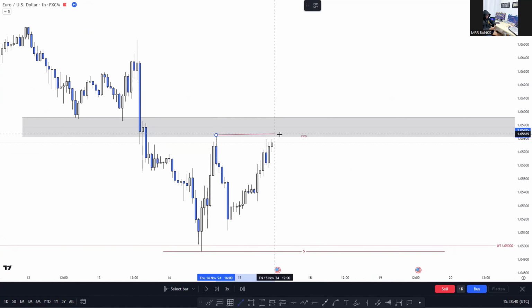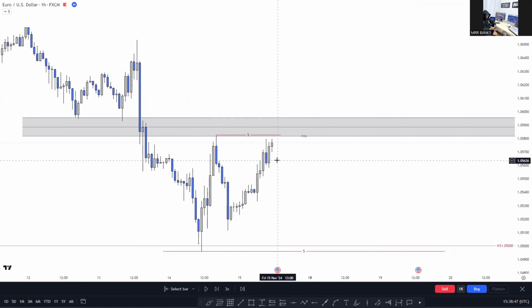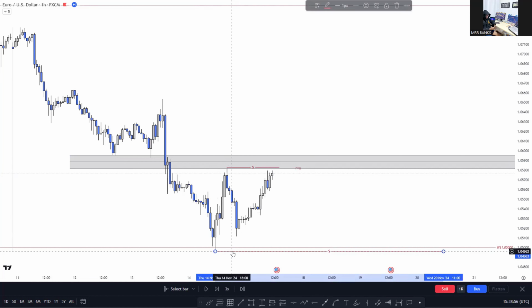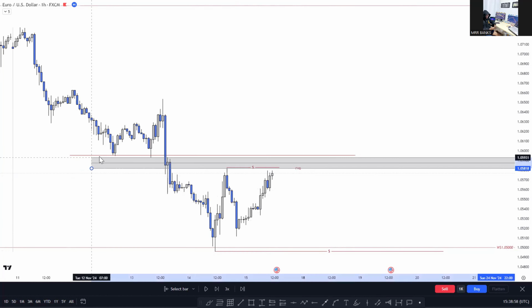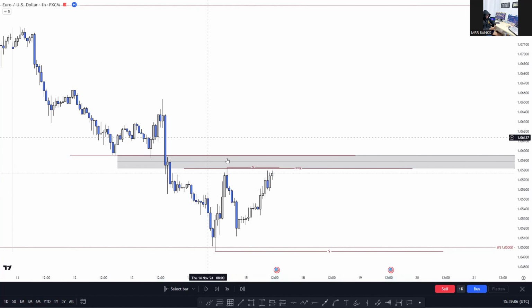Basically looking here, I had this to be my inducement level, which I knew price would come all the way up to grab liquidity above this Thursday high before heading towards the downside. So I had my fair value gap sitting right here, waiting for price to mitigate this FVG, also having my Thursday high, which created this inducement level here.